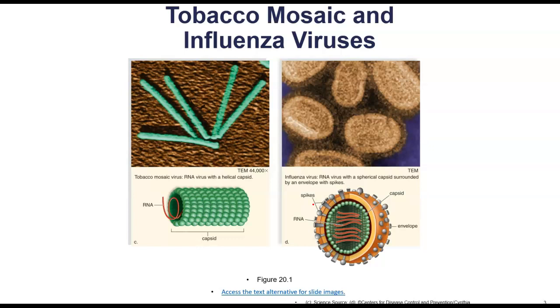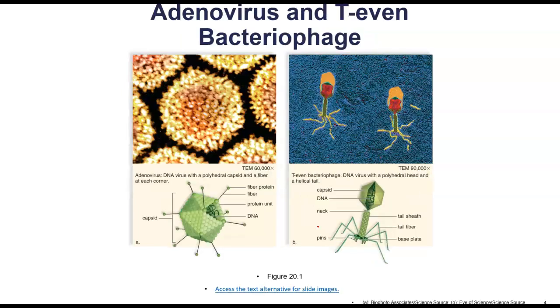You may remember that our own plasma membranes of our cells also contain glycoproteins. So these glycoprotein spikes have to be recognized by the host cell in order for the host cell to become infected with the flu virus.